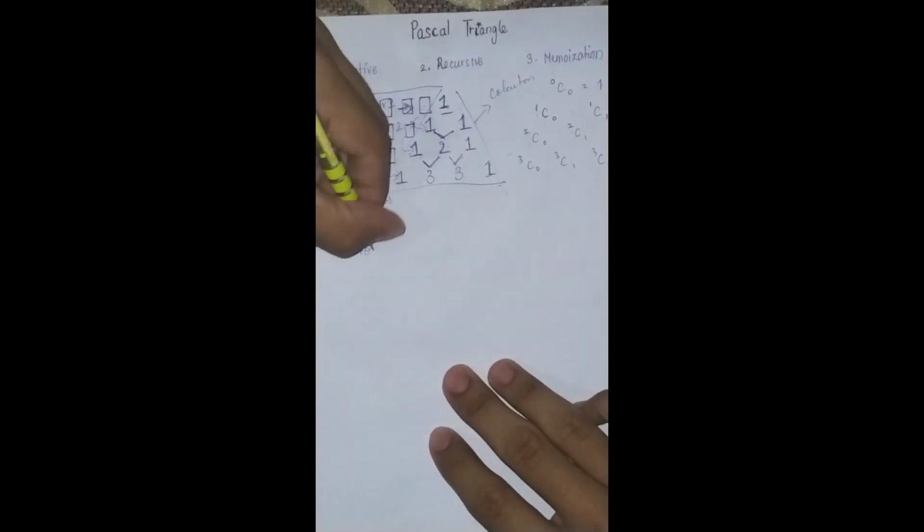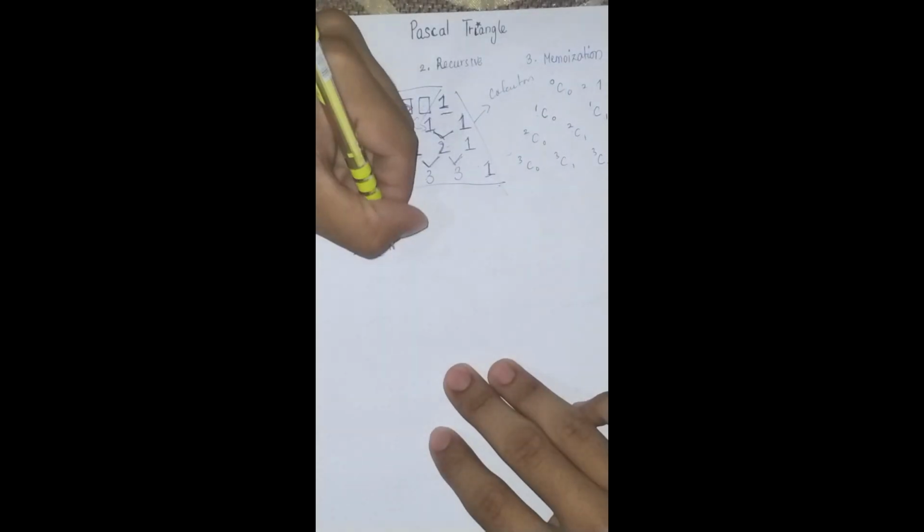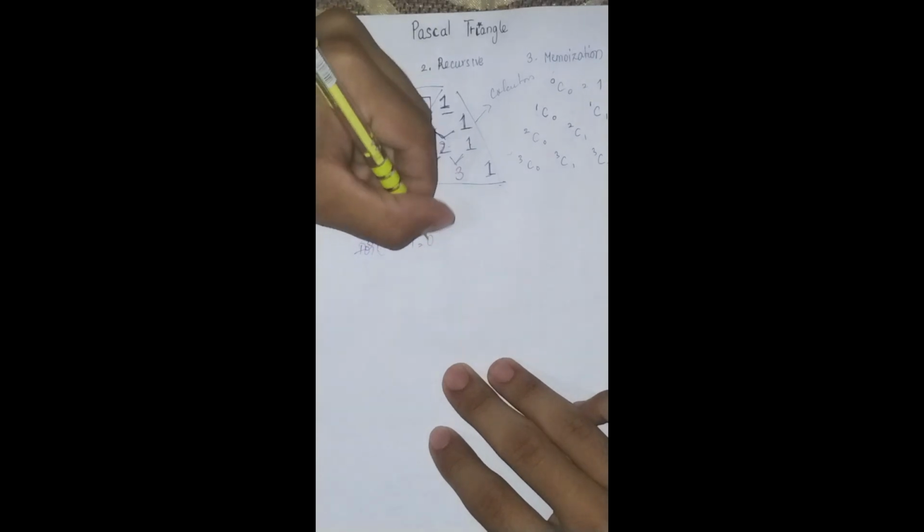So initially we'll begin with the loop. The first loop we have to iterate over the first row, the second row, the third row, the fourth row. Just for the rows we will write the first loop: for int i equals 0.